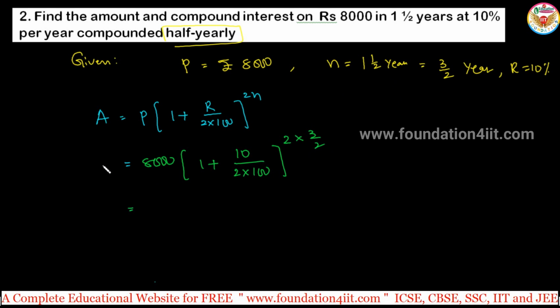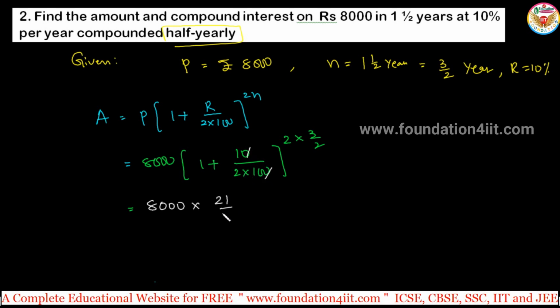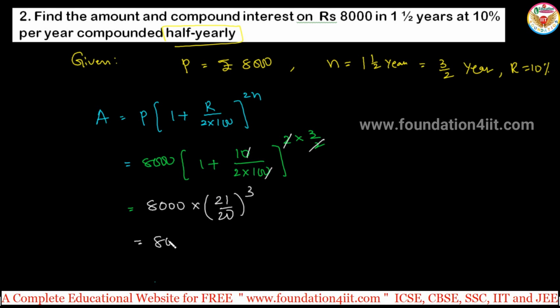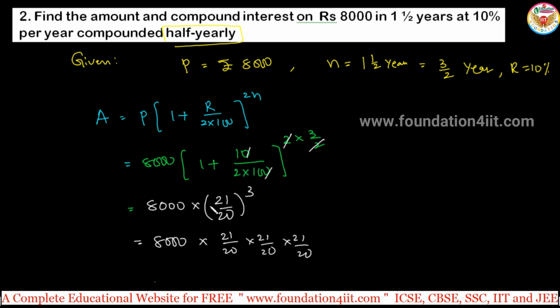So it will come in the calculation directly. So 8,000 times, cancel this, 1 by 20, so 21 by 20. Simplify, and this 2 gets cancelled, all to the power 3. So 8,000 into 21 by 20 into 21 by 20 into 21 by 20.